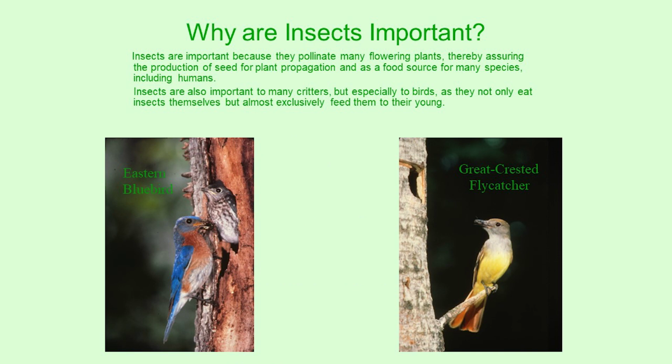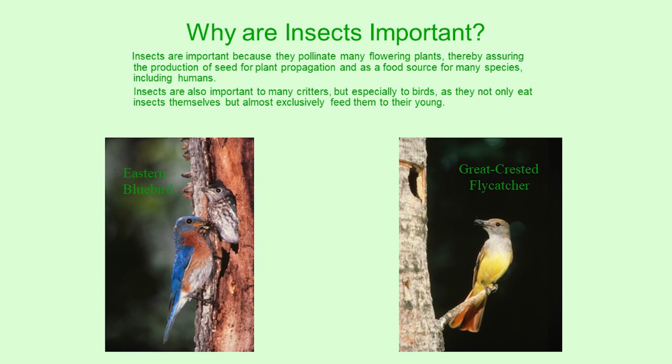So why are insects important? Well, insects are important because they pollinate many flowering plants, thereby assuring the production of seed for plant propagation and as a food source for many species, including humans. Insects are also important to many critters, but especially to birds.